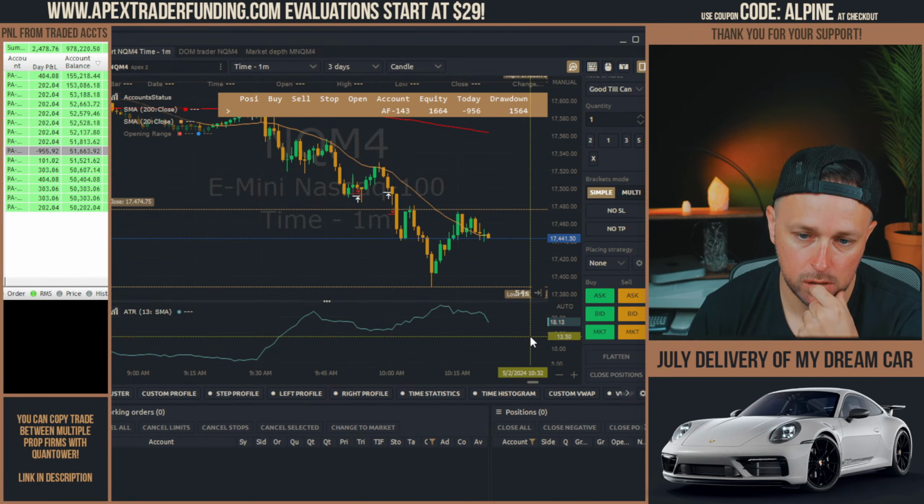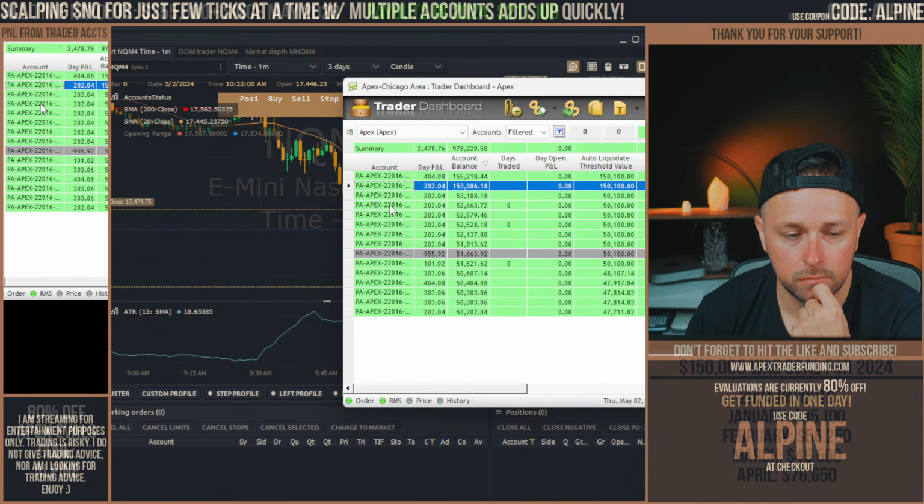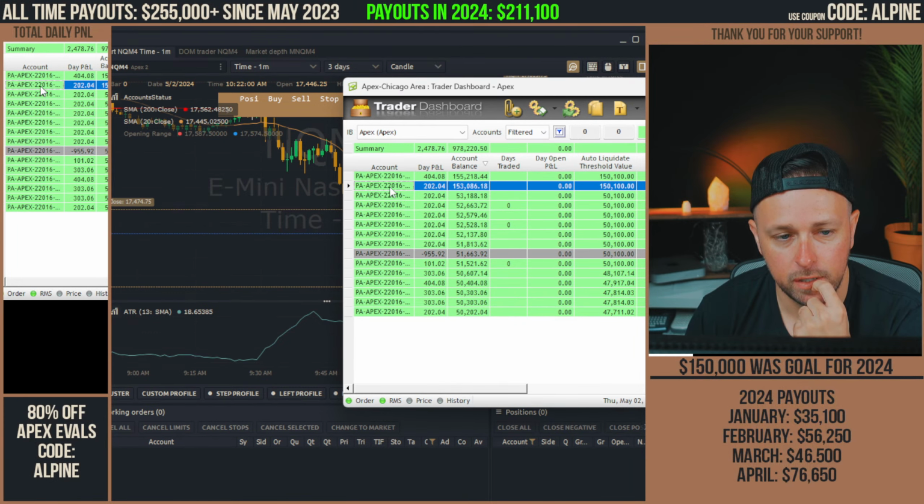I'm user number... This is why it's so funny when people hide their account numbers. I'm user 22,000 on Apex. There's people that are 175,000, and I signed up last June. I'm not even a year in with Apex.